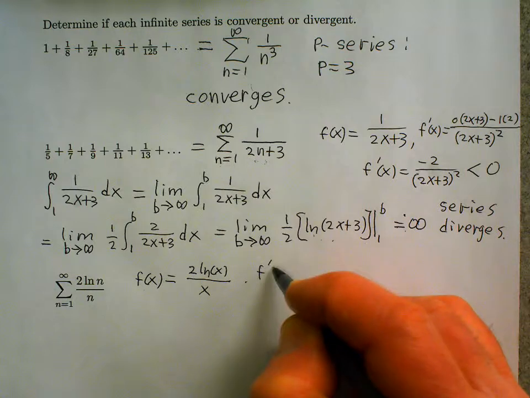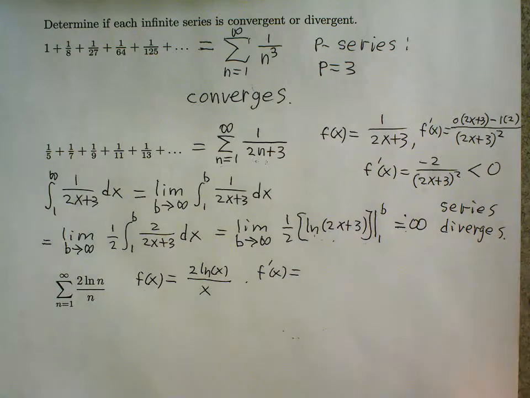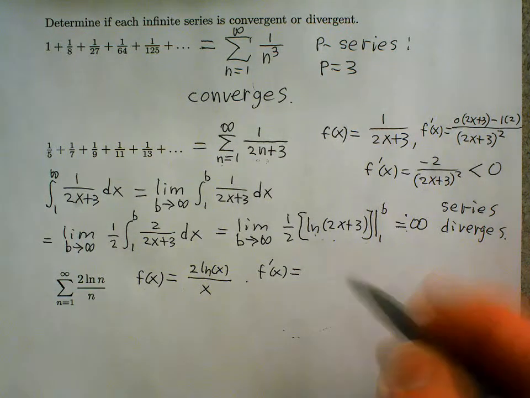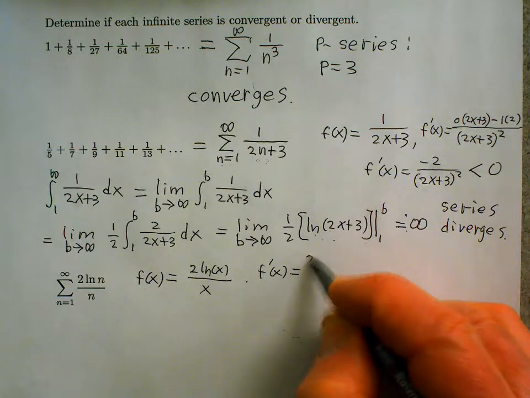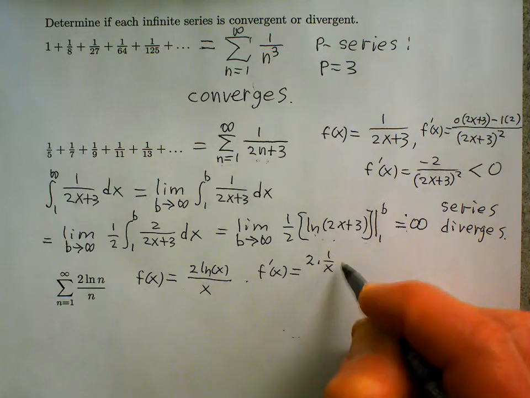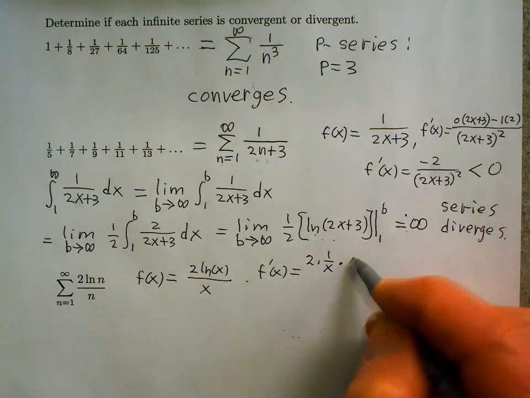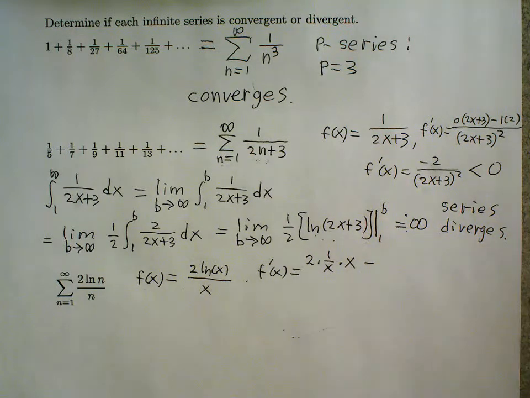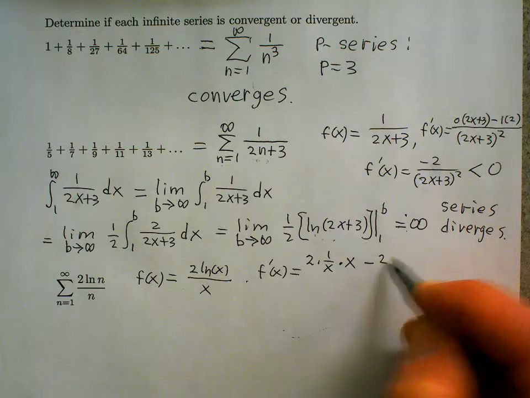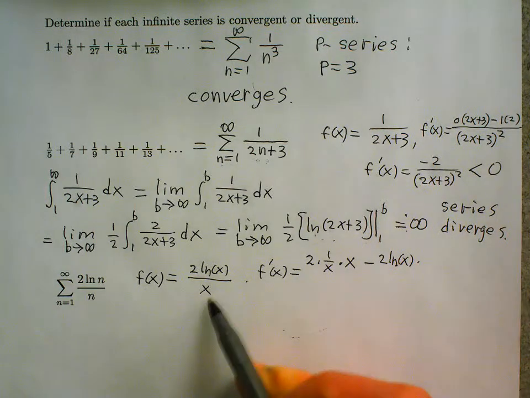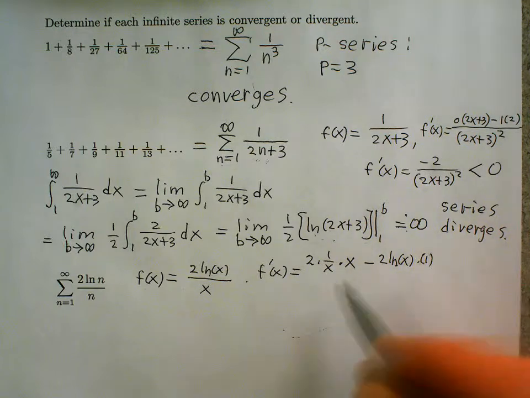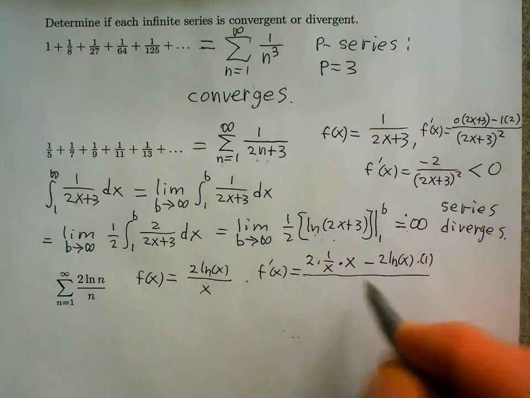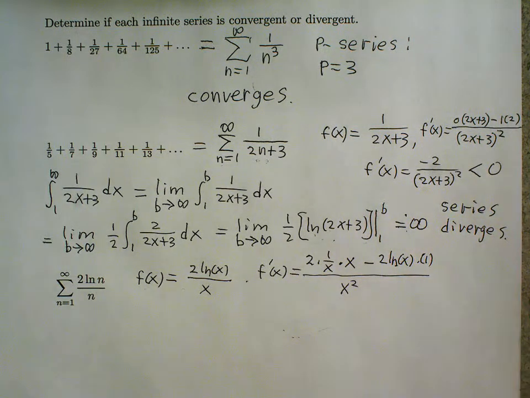So the first derivative, the derivative of the numerator is 2 times 1 over x. We multiply that by the denominator x. And then we subtract the numerator, 2 times the natural log of x times the derivative of the denominator, which is 1, and divide by the denominator squared.